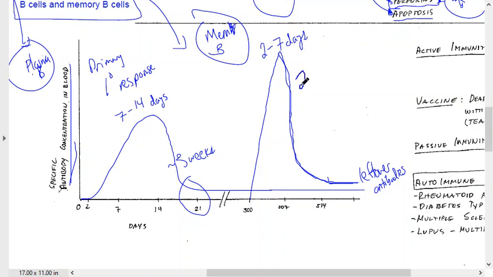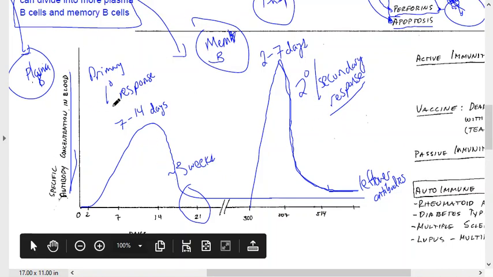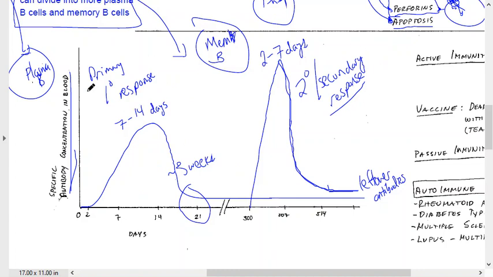This is called the secondary response. All right. So that's kind of how you would relate the number of antibodies over time, based on whether you've had the infection before with a secondary response, or maybe it's your first time.